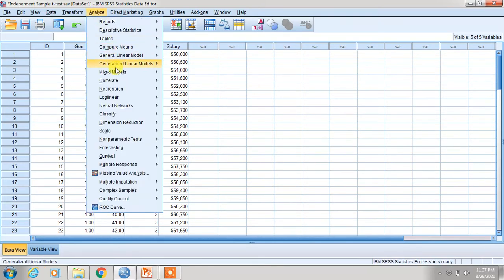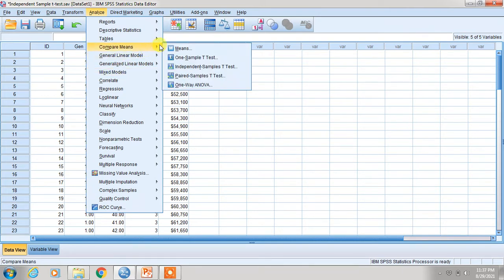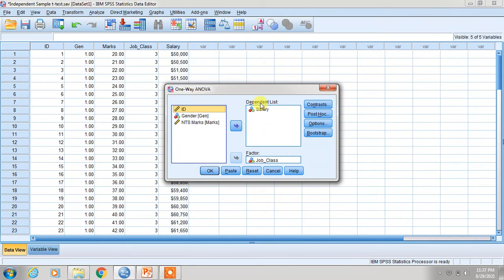So how can we do it? Click on analyze and then click on compare means. Come to the one-way ANOVA. Now select the variable, the target variable. In this case we are going to test the salary across the different job classes.